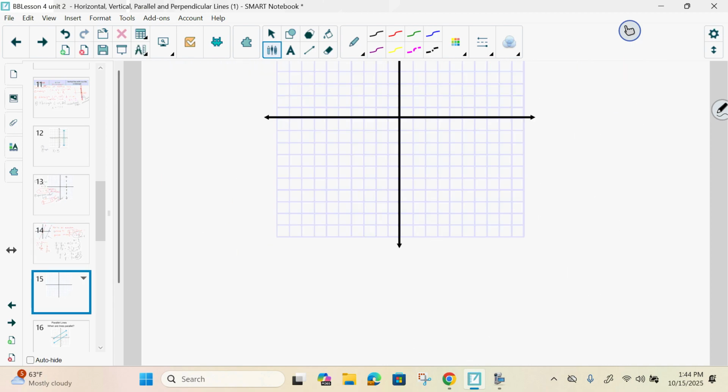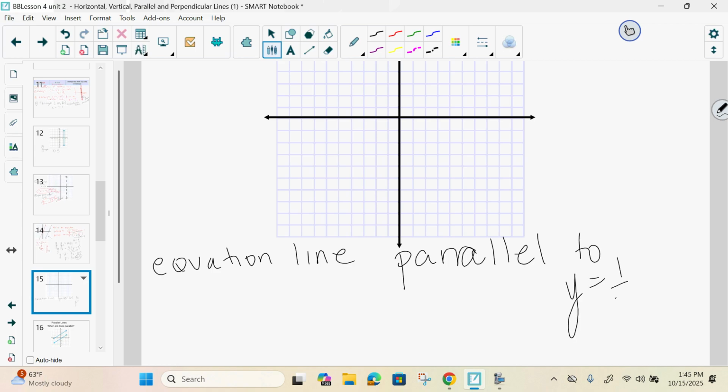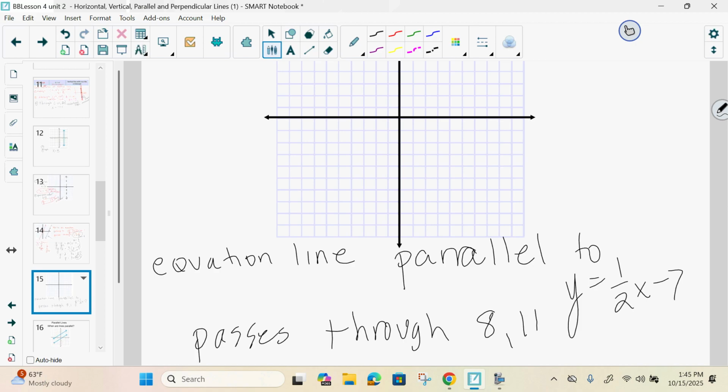Let's find the equation of a line parallel to, I'm going to give you a fraction this time, parallel to y equals 1/2 x minus 7 that passes through (8, 11).